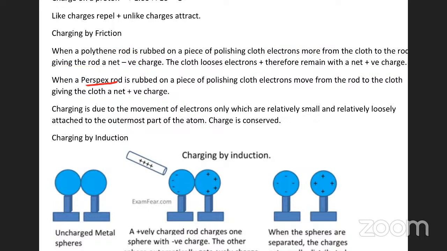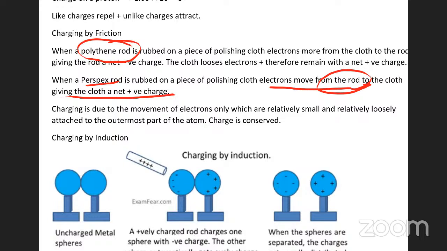If a perspex rod is rubbed on a piece of polishing cloth, electrons move from the rod to the cloth. What does that mean? It means that different materials, some materials will accept electrons, some will remove electrons, right? So in the first case, the polythene accepted electrons. It took the electrons from the cloth, and the other way around with the perspex.